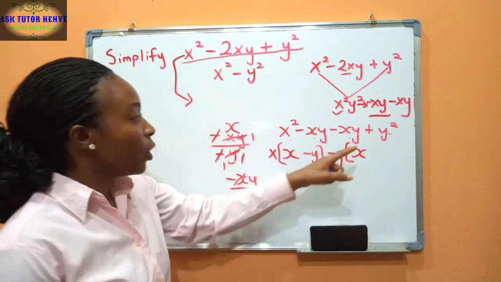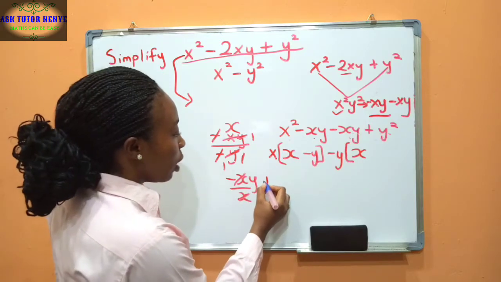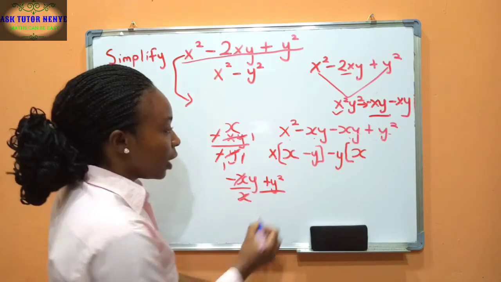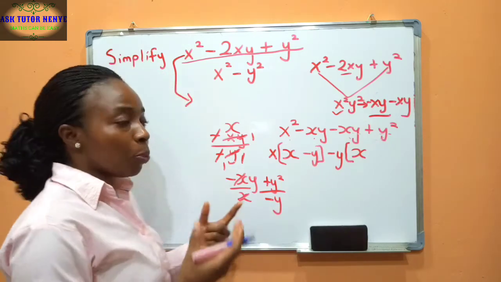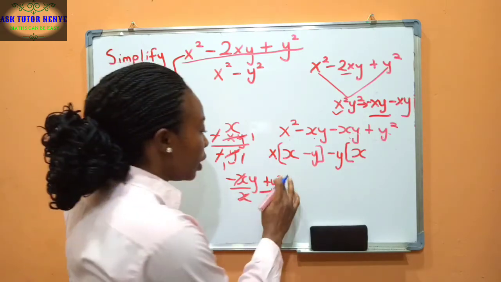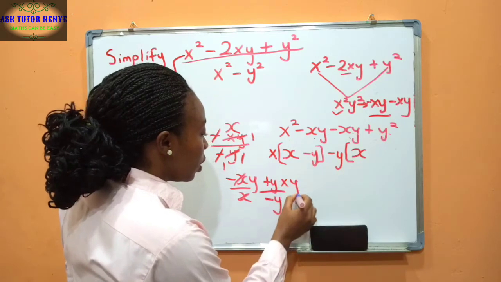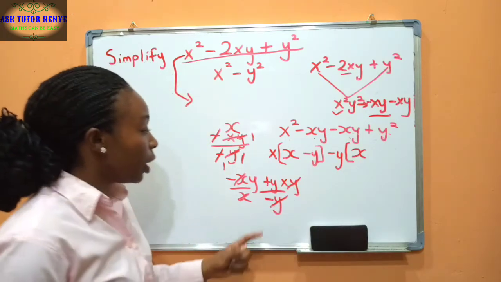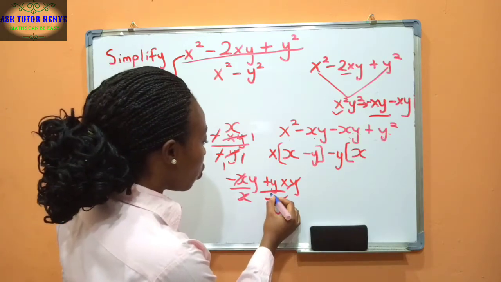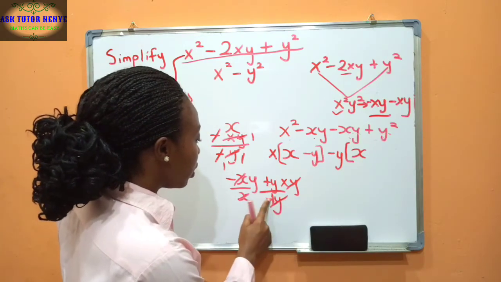And then we have plus y squared divided by minus y. Remember, your y squared is same as saying y times y, okay? So if we do this, this will cancel out, this will cancel out. We're left with y, okay? We have a 1 here, which we don't necessarily write, okay?